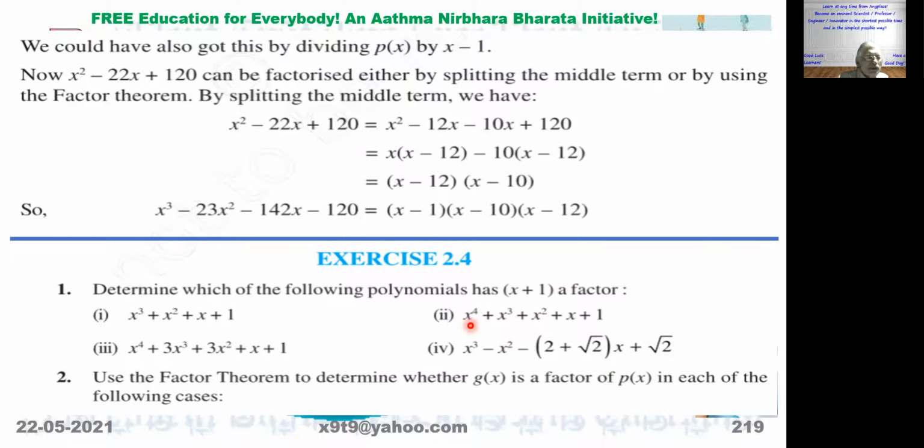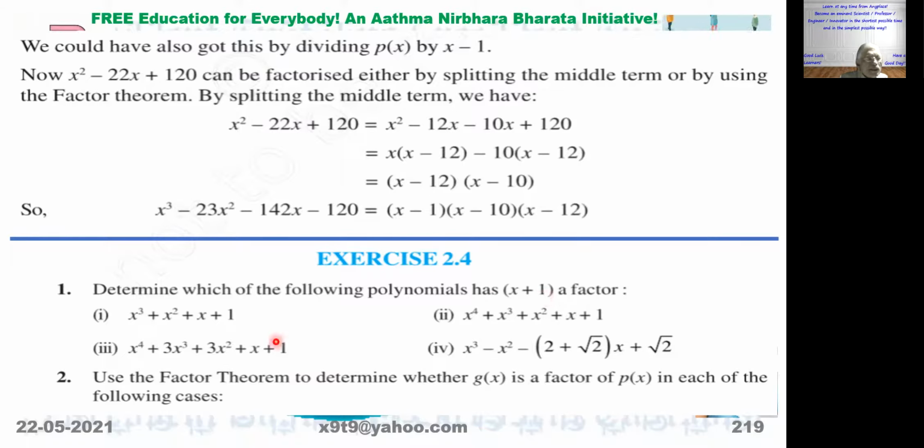Here if we substitute again x equal to minus 1, this becomes plus 1, this becomes minus 3, this becomes plus 3, this becomes minus 3, and again 1 will remain there.